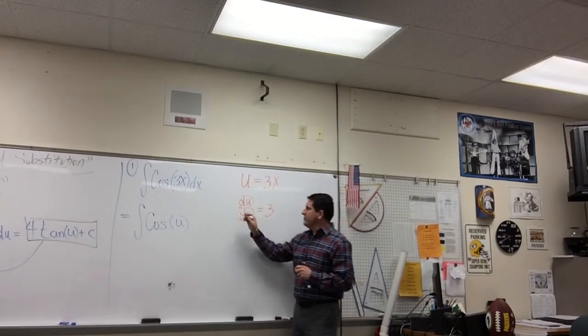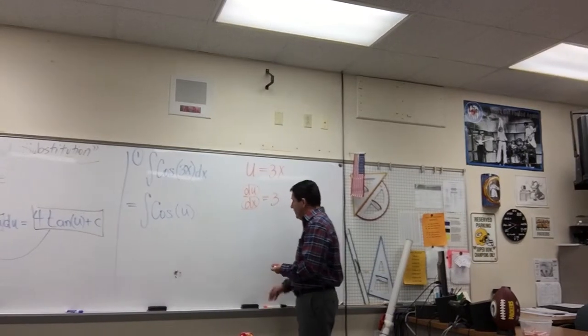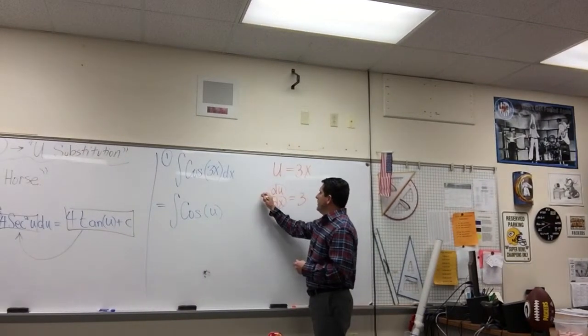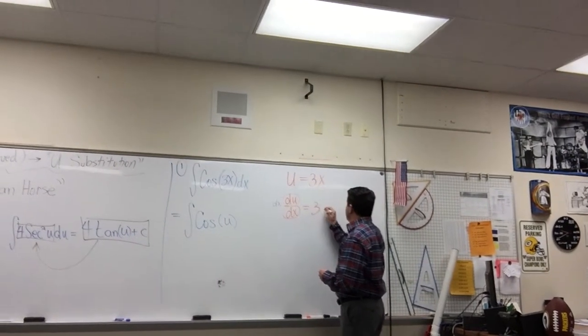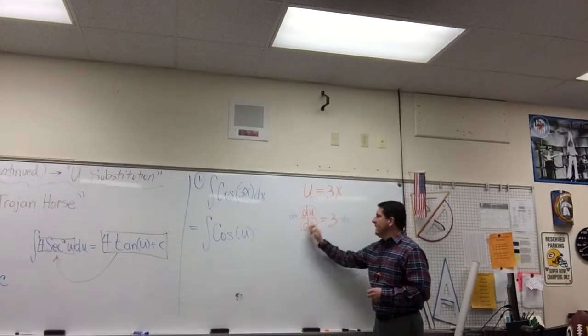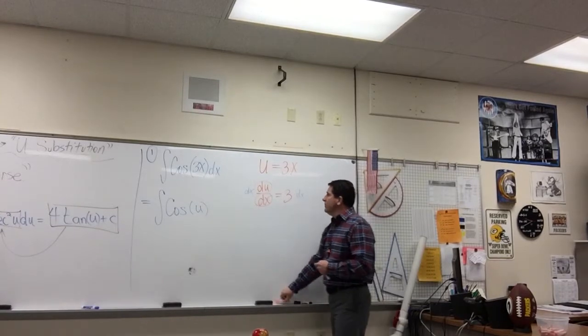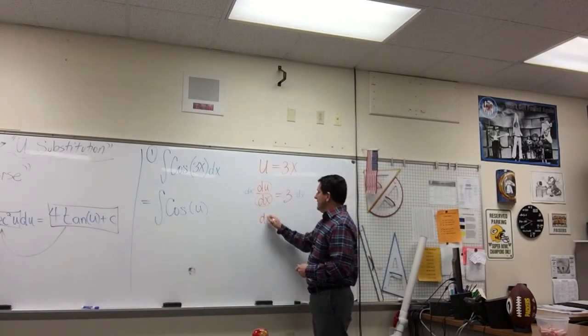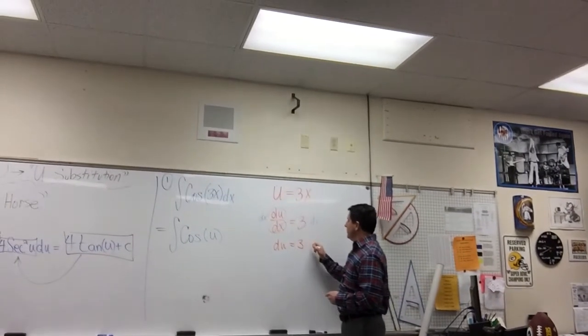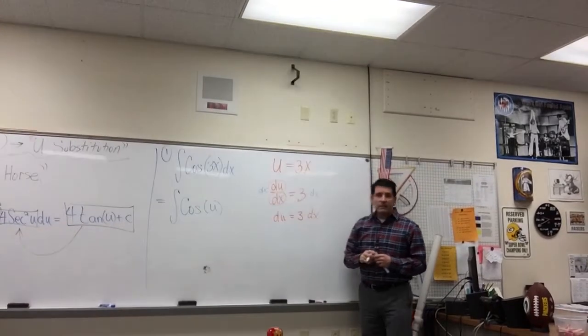Which means I can multiply this side by dx and this side by dx, and the dx's cancel. And now we have a relationship between du and dx, such that du is equal to 3 times dx.